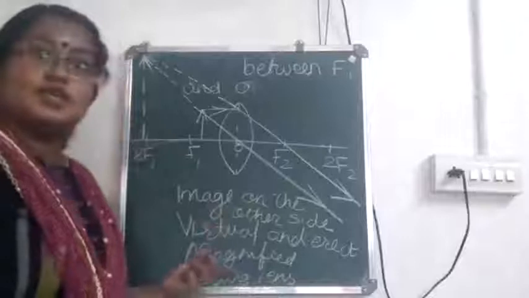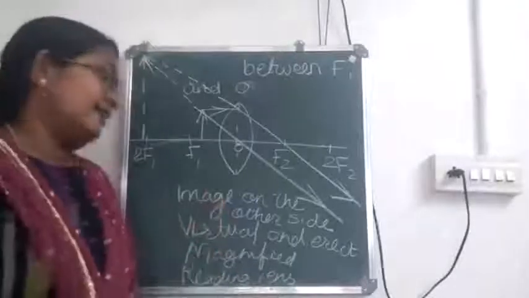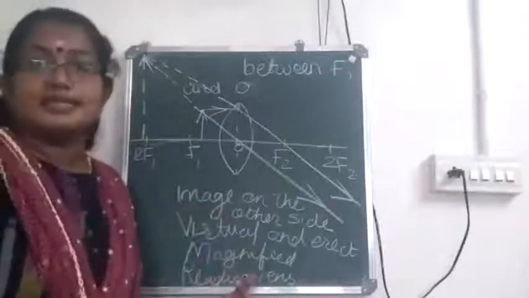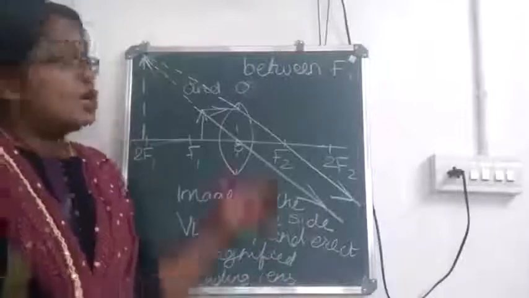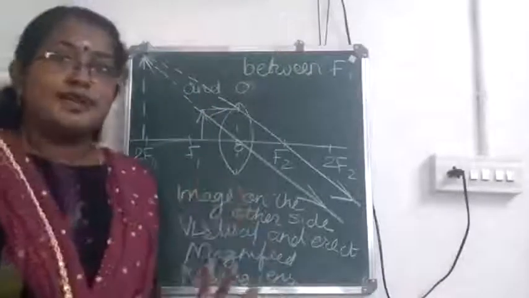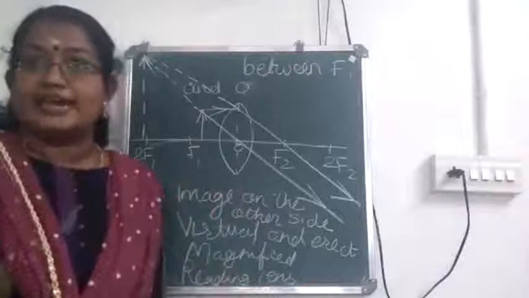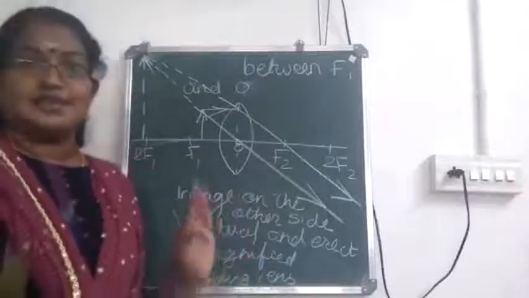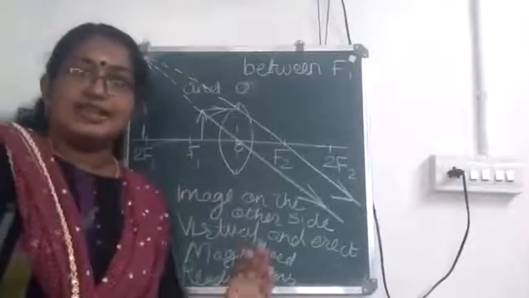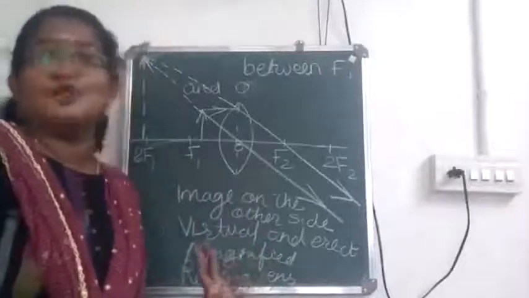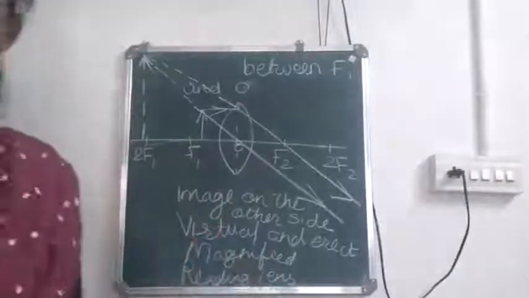So this is used as a reading glass or can be called a simple microscope. So with this we completed all the 6 sets of ray diagrams in the case of a convex lens. First 5 cases real and inverted. Last case it is virtual and erect.